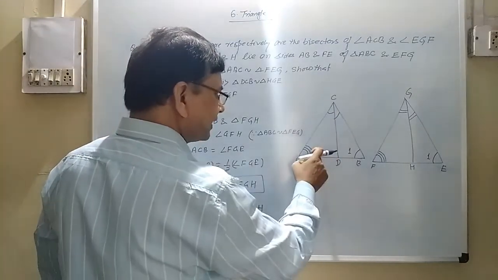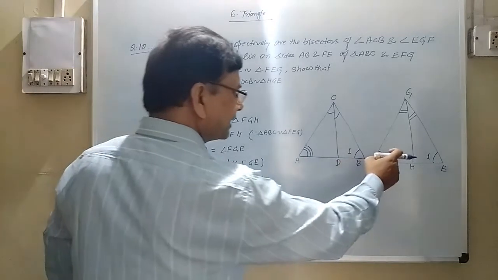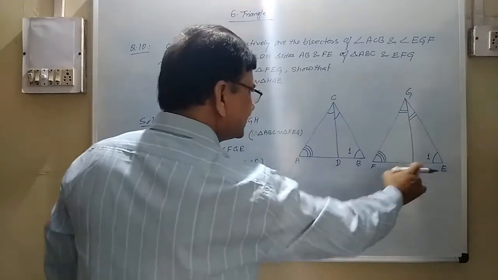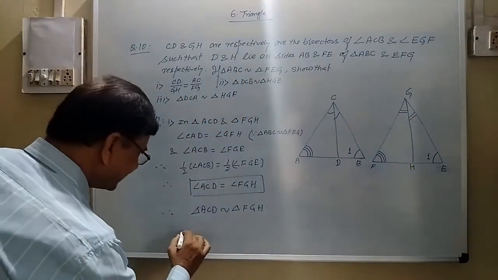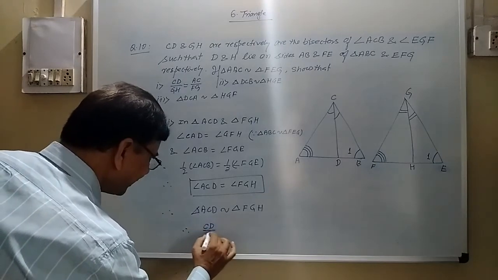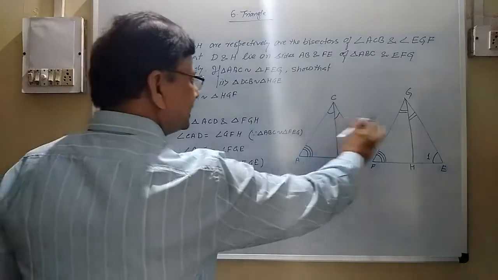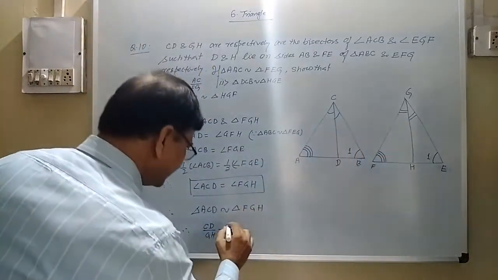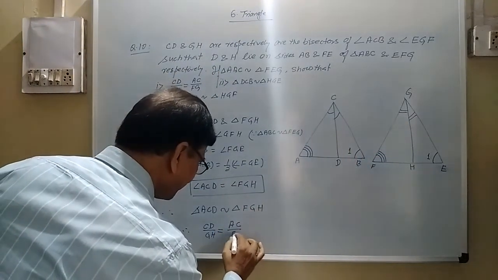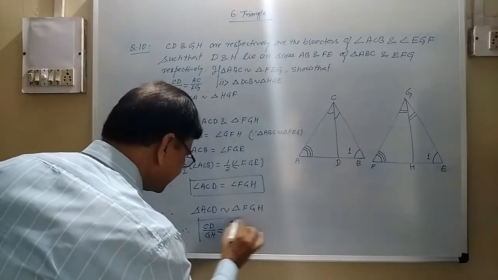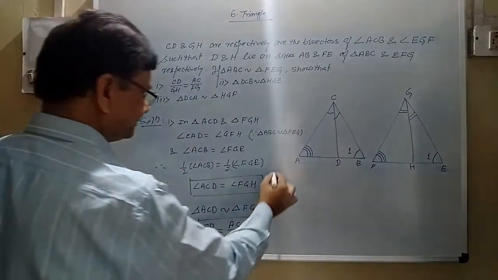The side in front of this angle is CD and the side in front of this angle is GH. So we can write, therefore CD upon GH is equal to AC upon FG. This is to be proved.